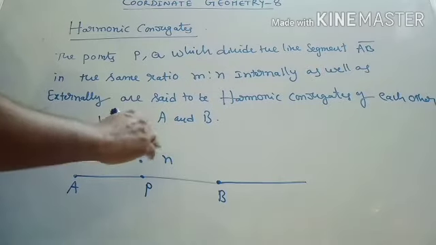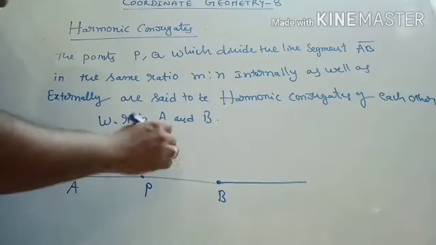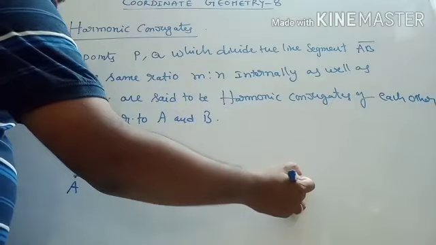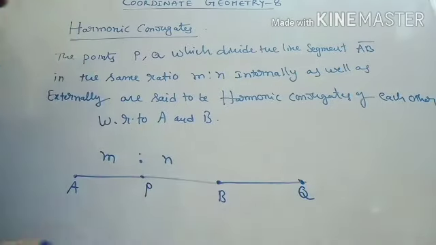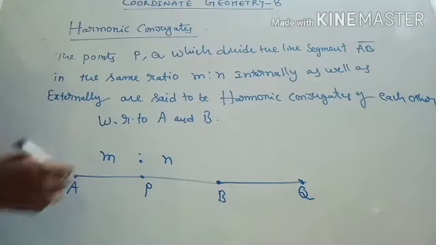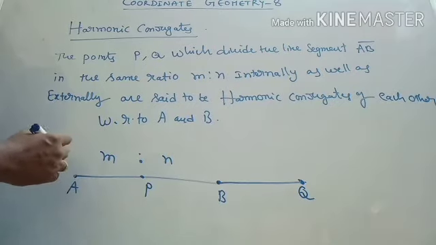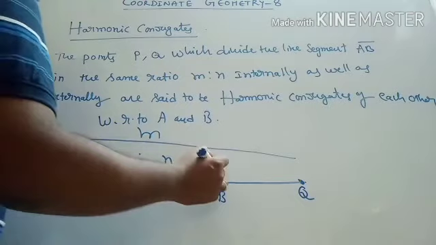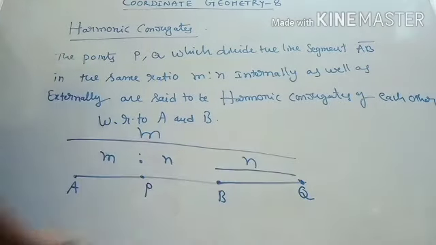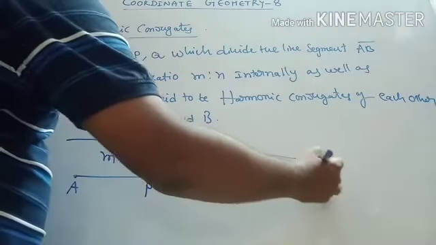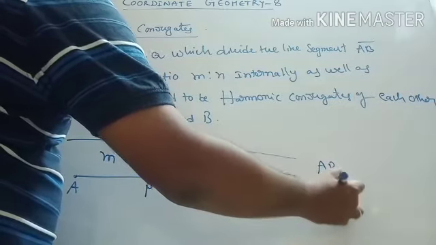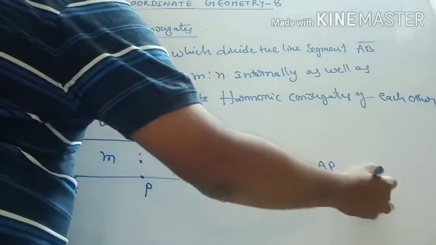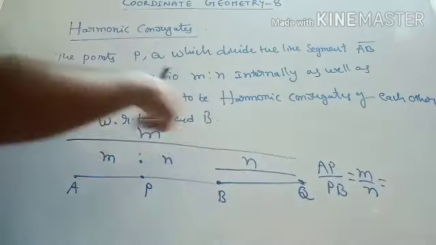In that part the point Q is dividing. Here AQ is m parts and BQ is n parts. That means, my dear students, here AP by PB is equal to m by n. This is actually internal division.